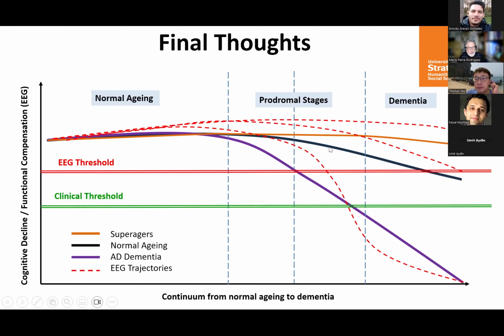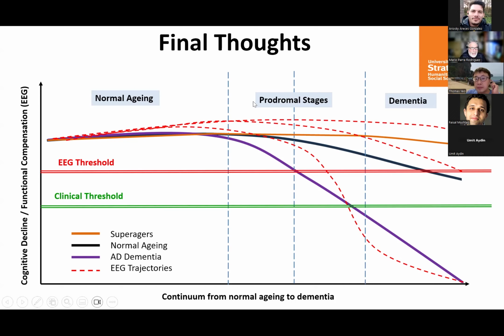So in all, there seems to be an interplay between a clinical and electrophysiological threshold, whereby people meeting clinical symptoms are already developing physiological changes that can be detected prior to the diagnostic criteria.